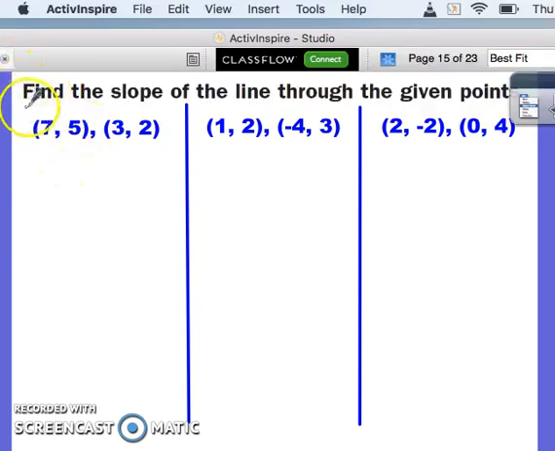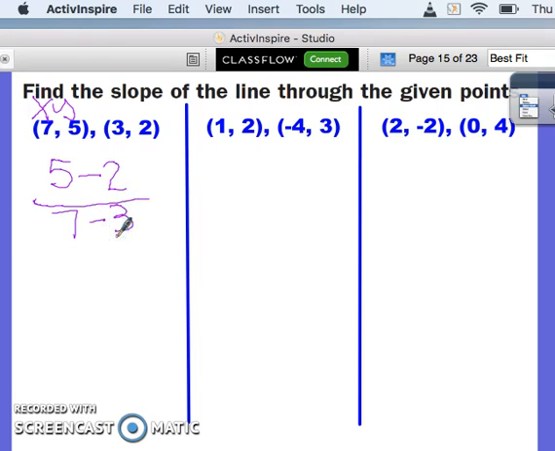Remember, the first one here, this is x, and this is y. So I'm going to do 5 minus the y from this point, and it's going to be over the x from that same first point, so 7 minus 3.